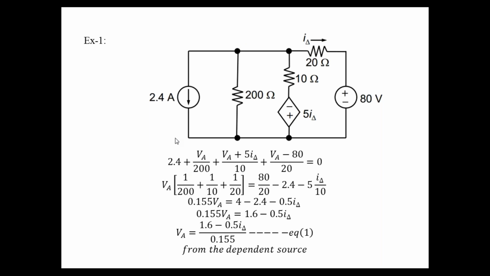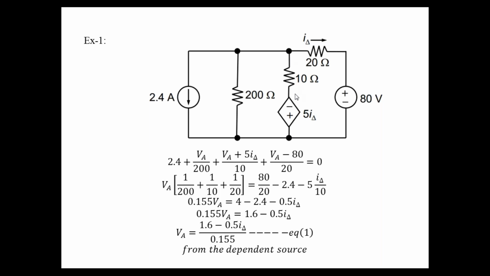Now, writing the KCL equation: 2.4 amperes plus this branch current VA by 200, V by R, VA by 200 ohms, plus this branch current. There is a voltage source here. This is the positive polarity at node A and this is the negative polarity at node B, so plus and minus attract each other.